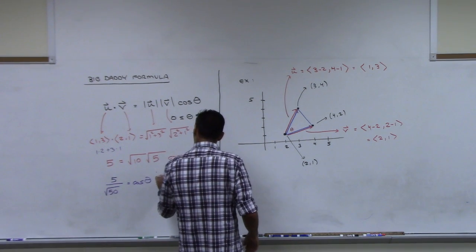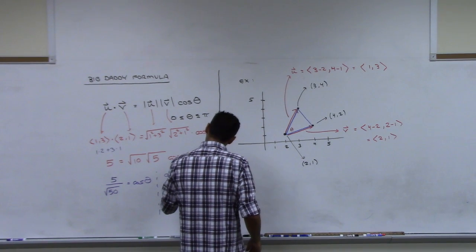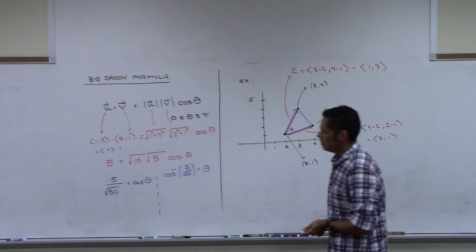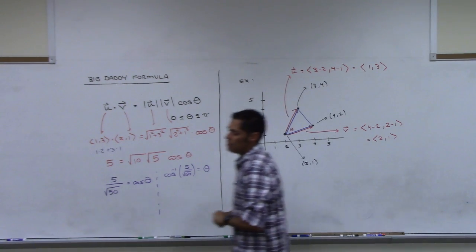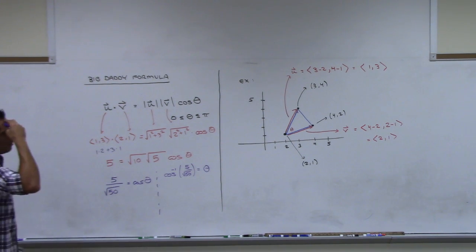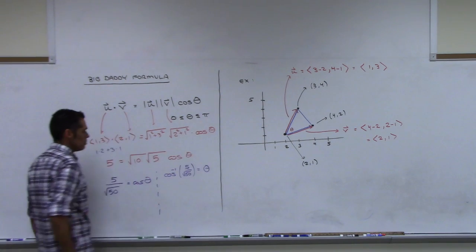So arc cosine of 5 over root 50 should be equal to theta. I have some good news: our calculator is only going to give us an answer between 0 and pi, because arc cosine is only defined between 0 and pi. That's okay, because this is only considering angles between 0 and pi. So we're all good here.